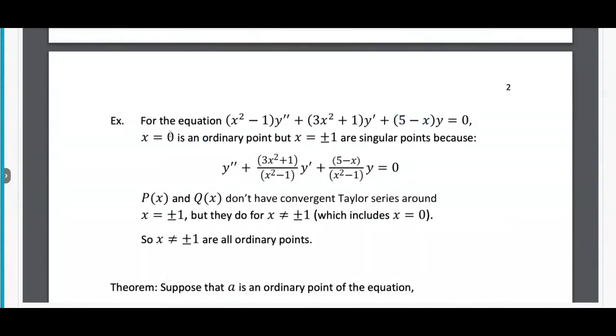And 0 is an ordinary point, but plus minus 1 are singular points. Because if we divide by a of x, x squared minus 1, a of x becomes a denominator, then we see clearly plus minus 1 are singular points.